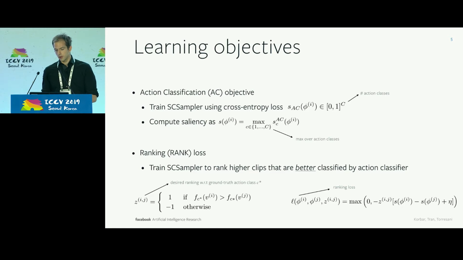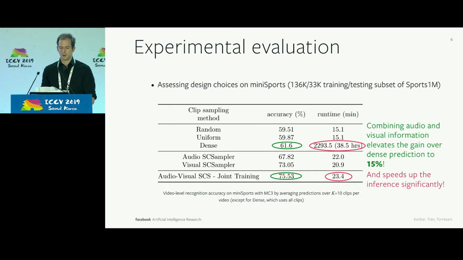We evaluate all of these design choices on a small subset of Sports-1M, and we benchmark against the most common sampling techniques, which are random, uniform, and using all non-overlapping clips.